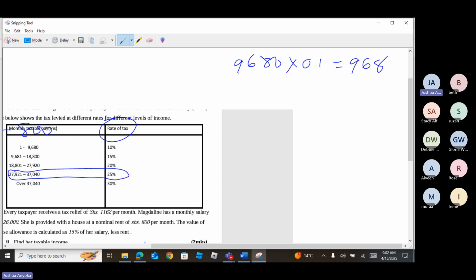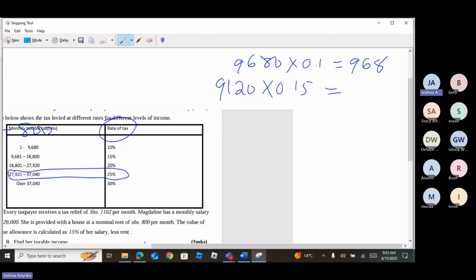The second band, 18,800 minus 9,680. What do you get? 9,120. 9,120 times 0.15.